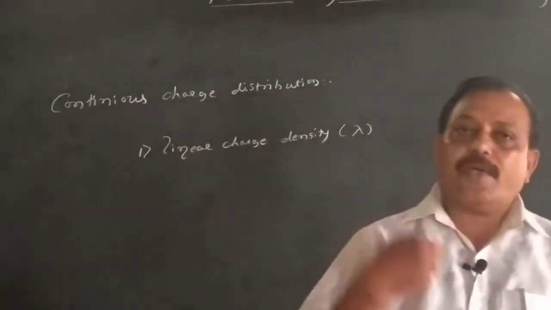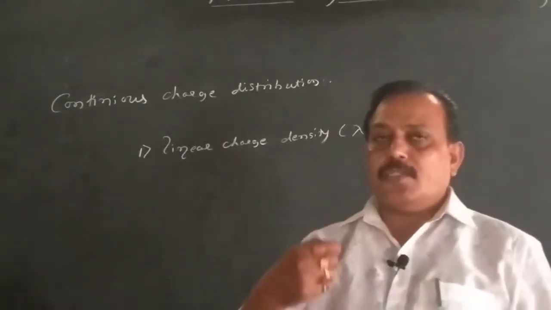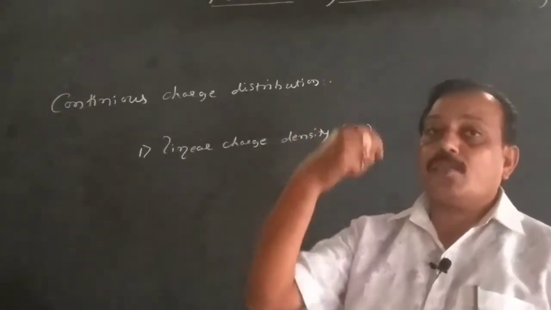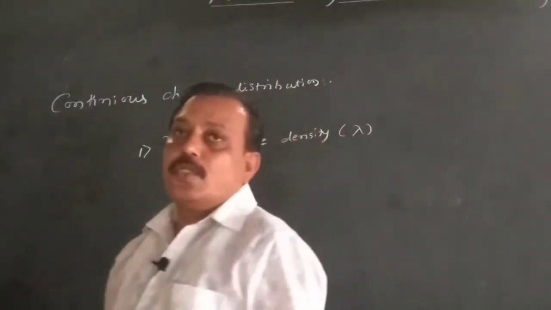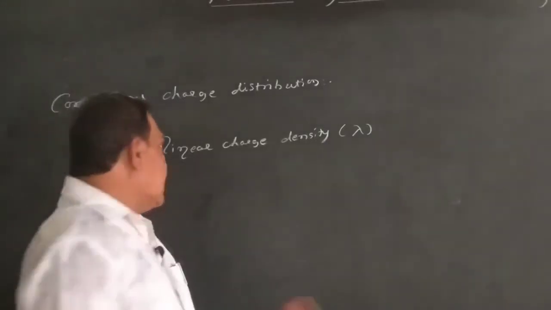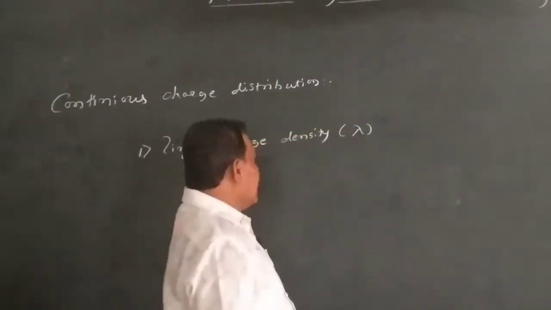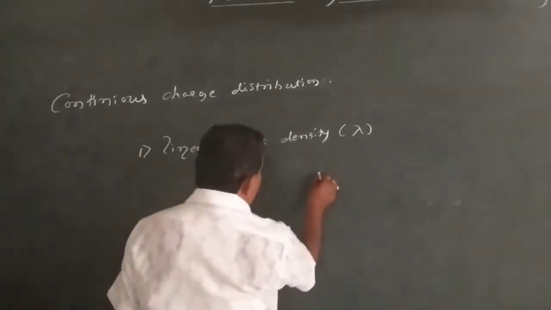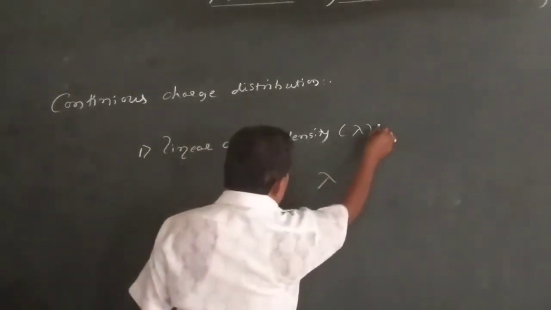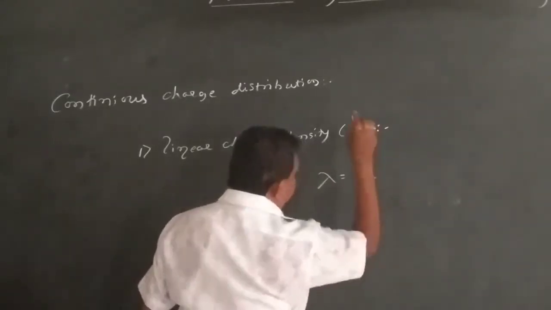Then how to define that lambda? Linear indicates that the distribution of the charges is along the length of the conductor. Hence, the linear charge density lambda is defined as charge per unit length.